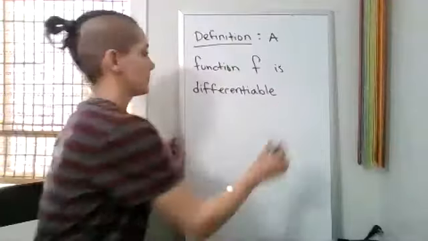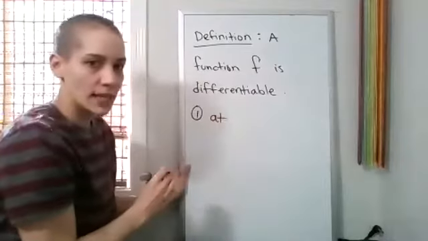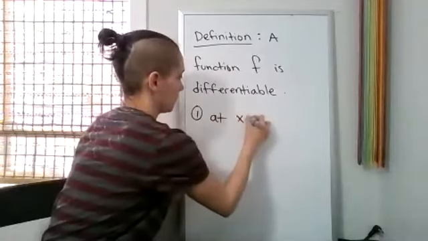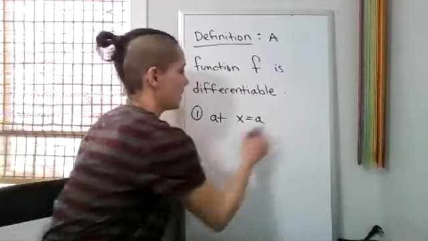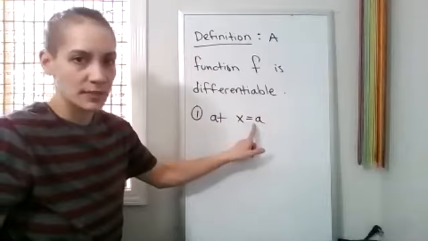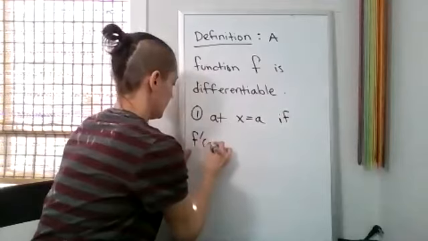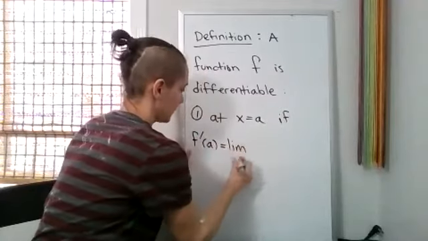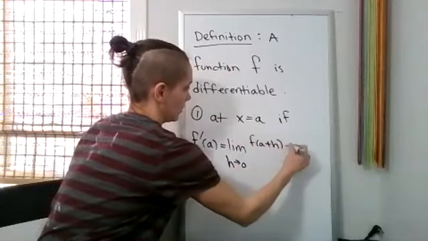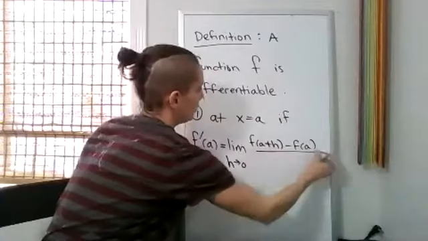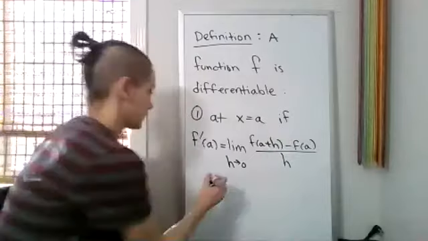Okay, first part. At a point x equals a, if f prime of x, if f prime of specifically a, which is the limit as h goes to 0 of f of a plus h minus f of a over h exists.